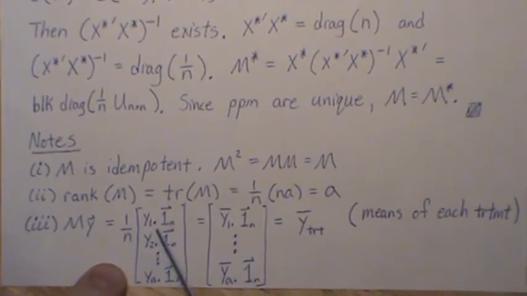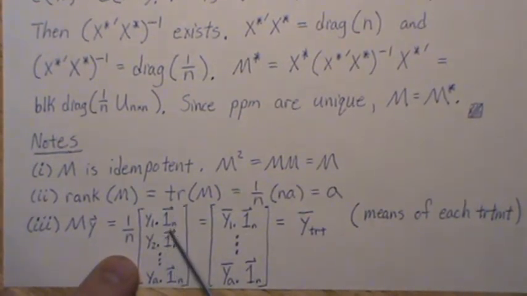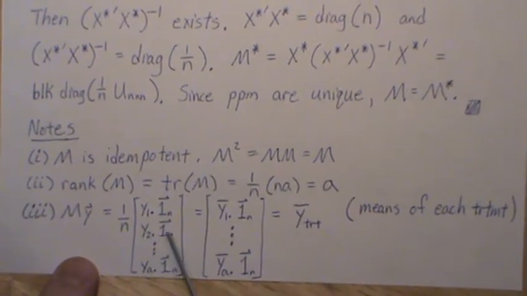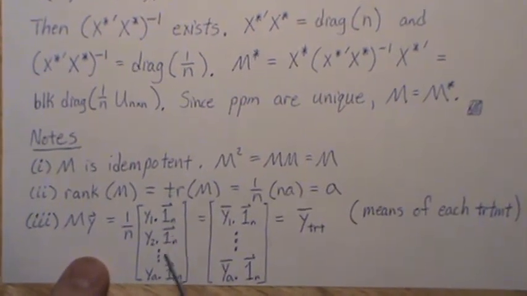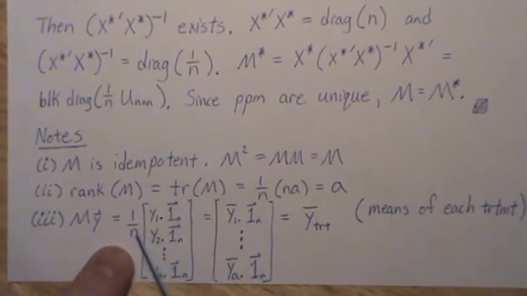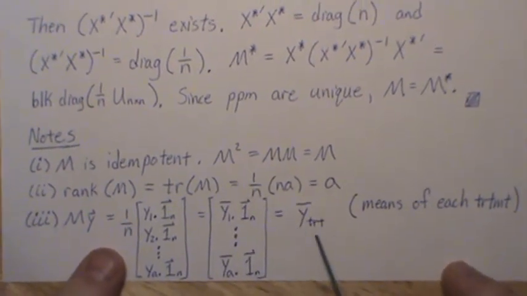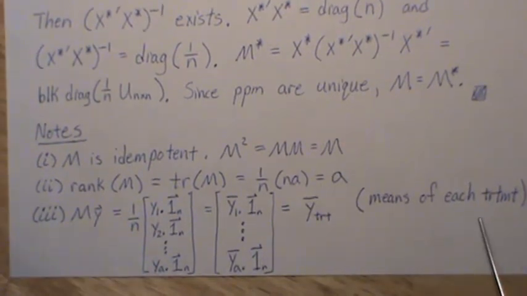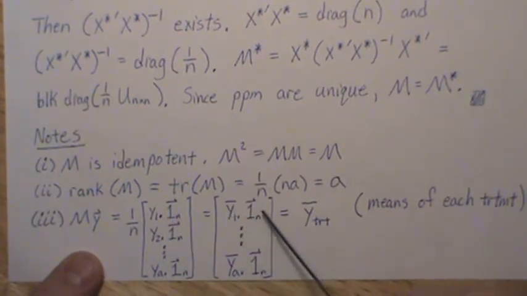So you get the sum of the y1 dots, n times, in an n by 1 vector, and then as you move down, it picks off only the group 2 response variables, etc. But then the 1 over n comes in and makes them a mean, and we call that y treatment bar. It's the mean of each treatment: however many observations are in level 1, the mean repeated that many times, same way going down.